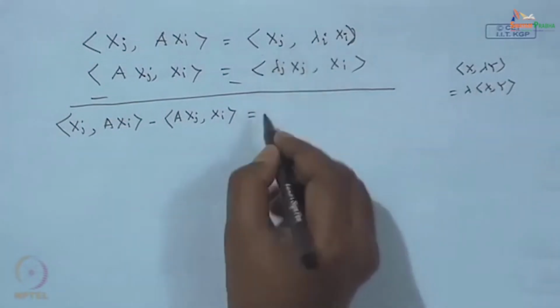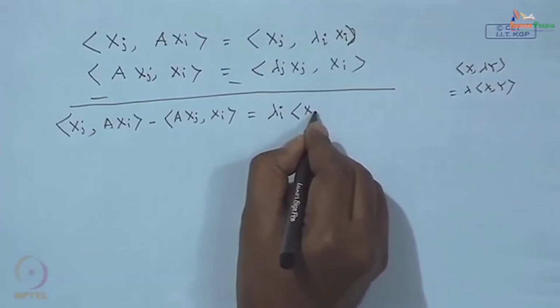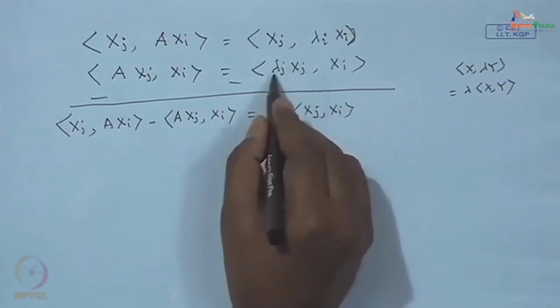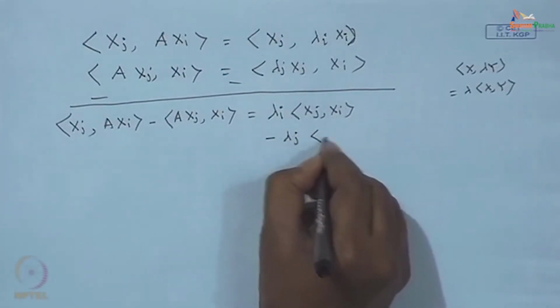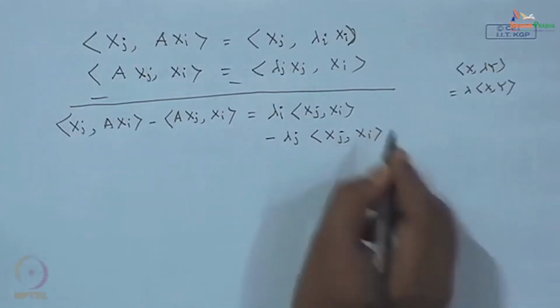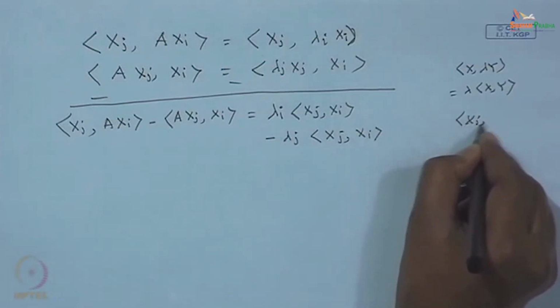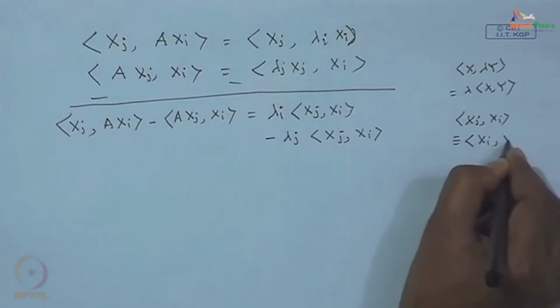Similarly, we can take lambda I out. So, this becomes lambda I times the inner product between x j and x I minus, same here, we took lambda j out, lambda j multiplied by the inner product of x j and x I, and we have already proved earlier that the inner product of x j and x I is identical to the inner product of x I and x j.